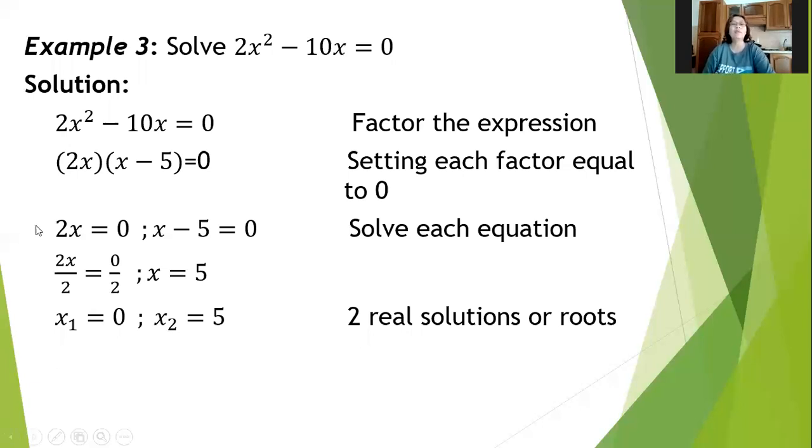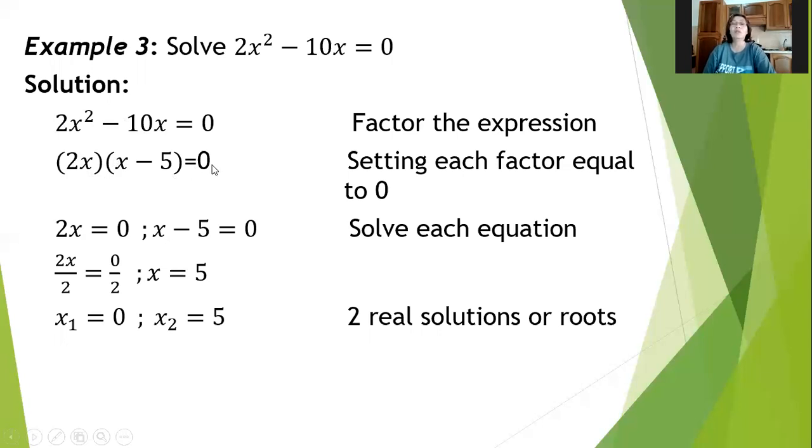And the common monomial factor of 2x squared and negative 10x, obviously, is 2x. Then divide. 2x squared divided by 2x is equal to x. Negative 10x divided by 2x is equal to negative 5.